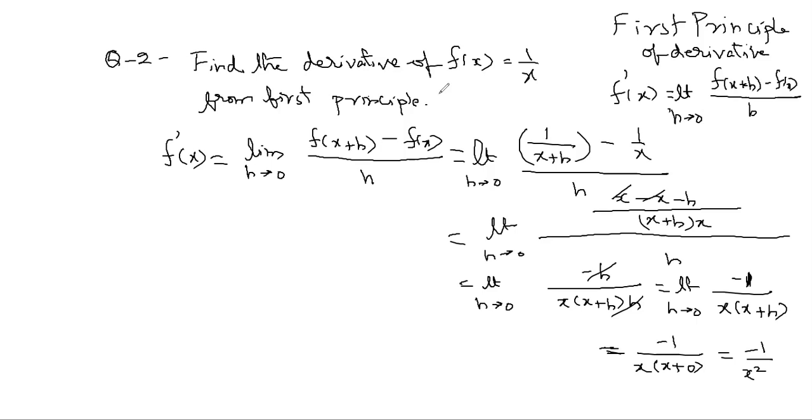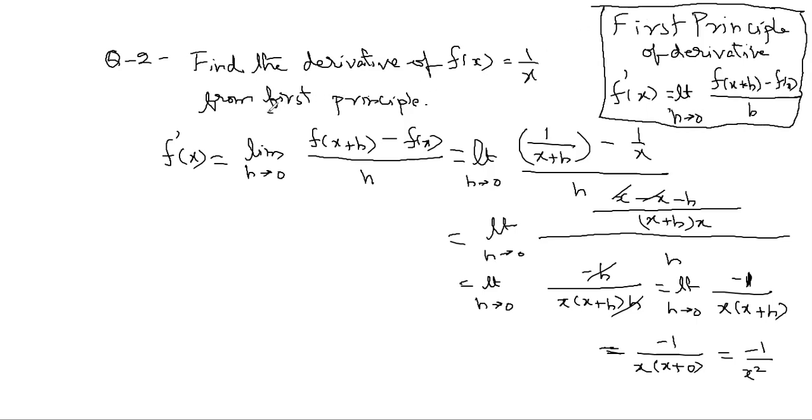Now there are many formulas, a very important thing that I'm going to tell you about derivatives. As you asked, can we do it directly? This is first principle. I told you this we are doing by first principle. If it is not written, in the question you will find "find the derivative by first principle".